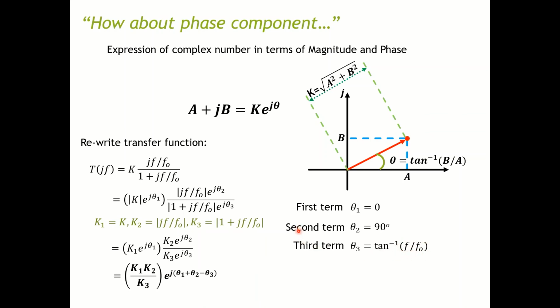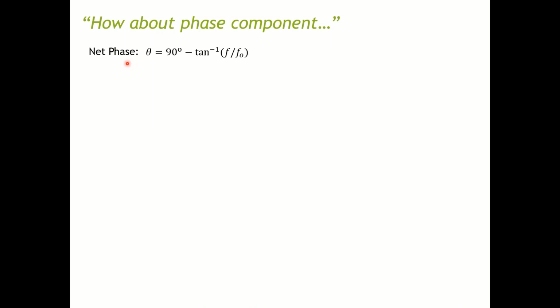Now the total is theta 1, which is 0, plus theta 2, which is 90, minus theta 3, the inverse tan of f over f naught. So the net phase of our transfer function is 90 minus inverse tan of f over f naught. First of all, this is the only thing that is probably going to confuse us.